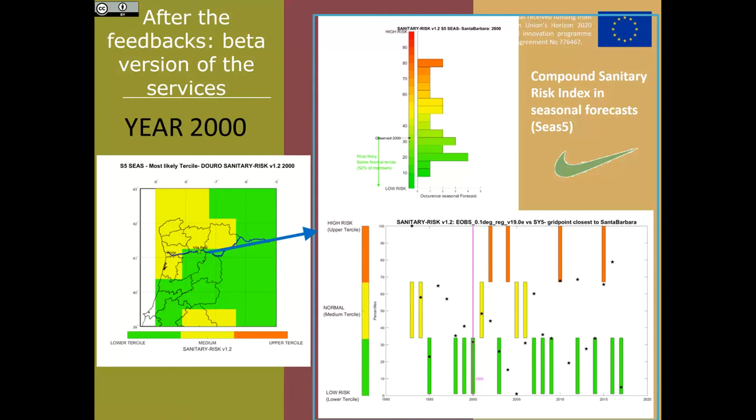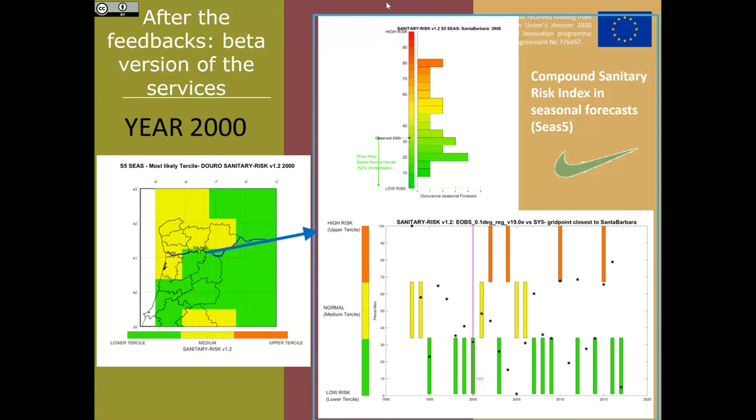So this is one open point for the testing phase of the tool, because we have to strongly communicate the information about the skill and the hit rate of the seasonal forecast, for sure. This is clearly an open question, and fortunately we have another year to work on that, and we have to take advantage of this time to correctly reply to this.